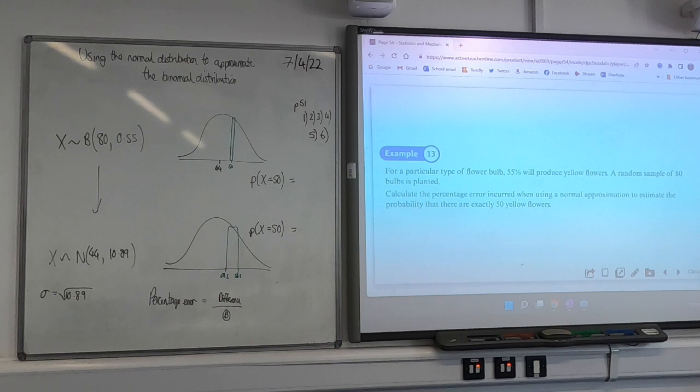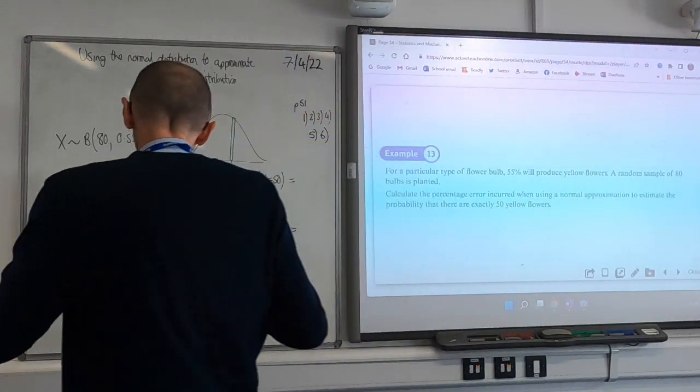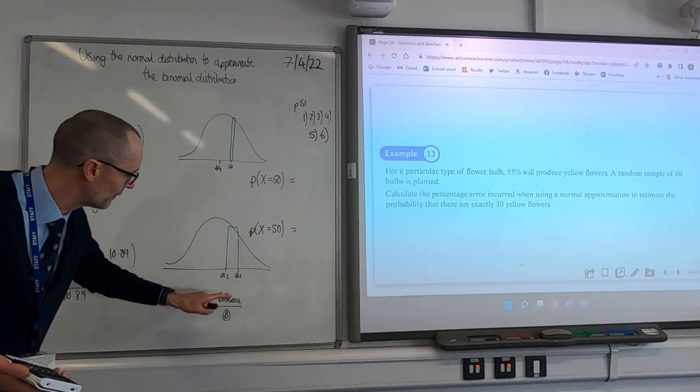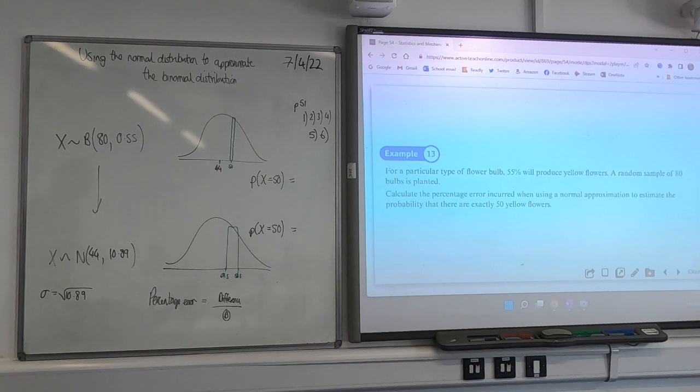Was I supposed to do it in the top, normal, just the second one? Yes, the second one, you should have typed in this and the square root of that as your parameters, and then you're looking between 49.5 and 50.5. Let me show you what I get. So I'm still in normal mode.